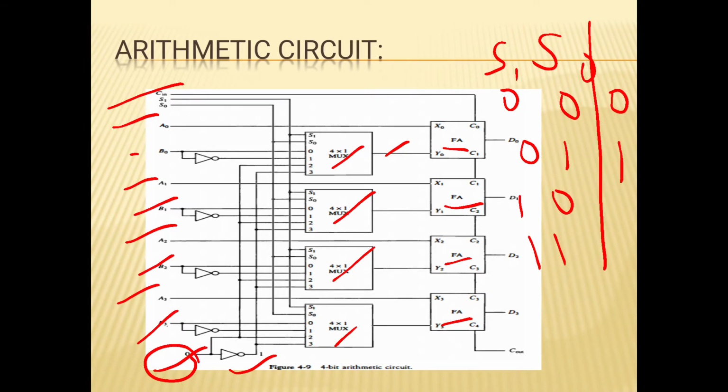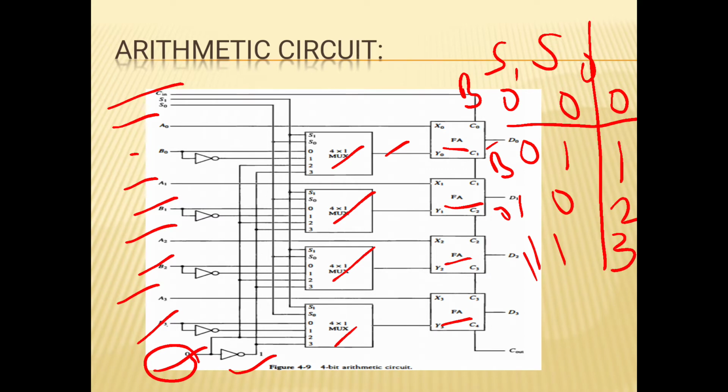If the value of S1 S0 is 1 0, then it will select the second input value. And if the value of S1 S0 is 1 1, then the multiplexer will select the third value. It means 0 will select the B value, 1 will select the B complement value, second will select the 0 value, and third selects the 1 value in every multiplexer.